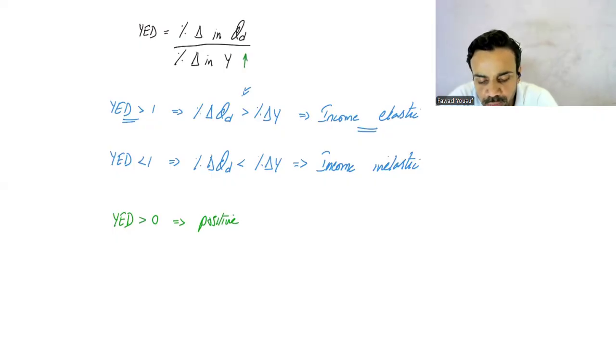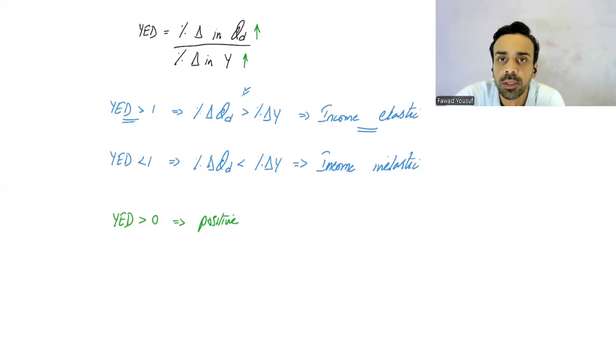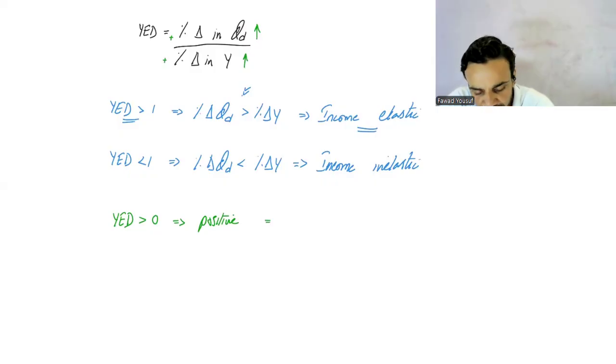If income goes up and demand goes up, दोनों वैल्यूज पॉजिटिव में होंगी and your result will be positive. So if YED is greater than 0, which is positive, that means ये एक normal good है.